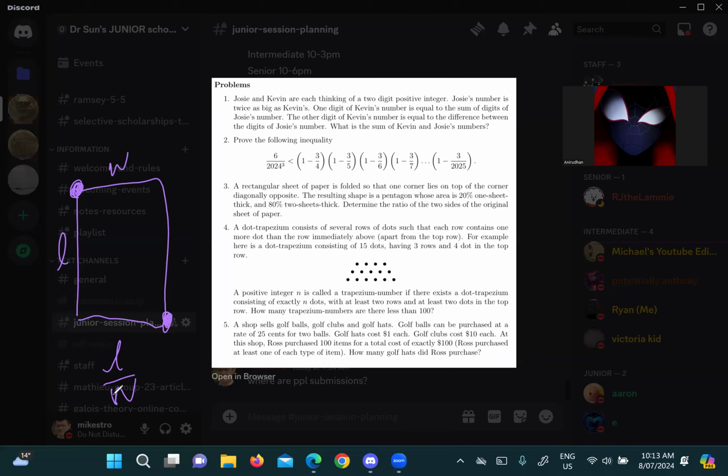Okay, has anyone noticed anything about the folding? Are the foldings a pentagon? Yes, okay. Well, anything about actually folding?